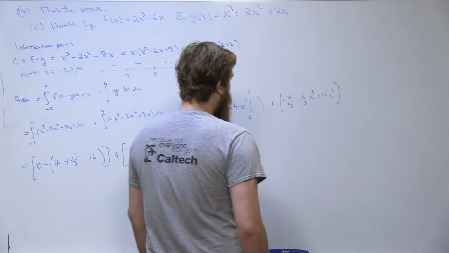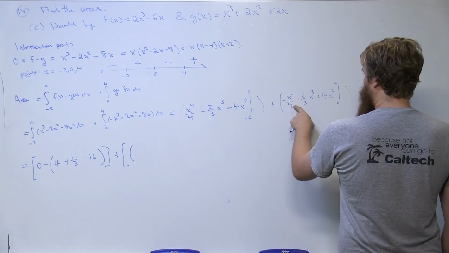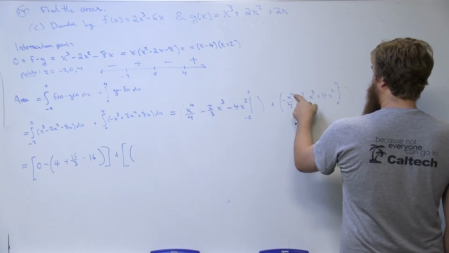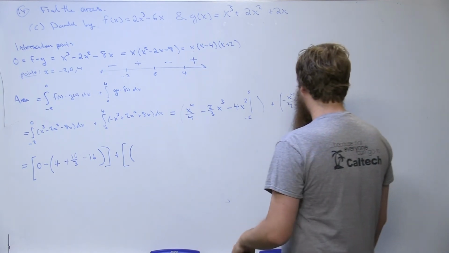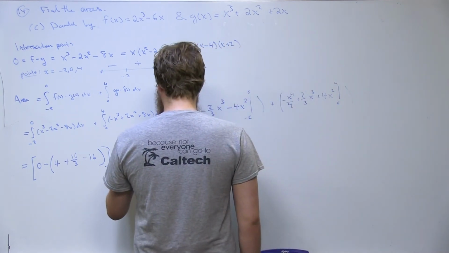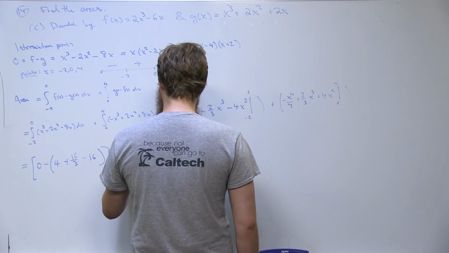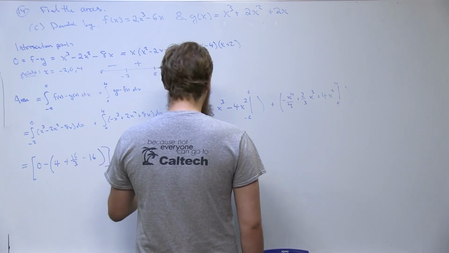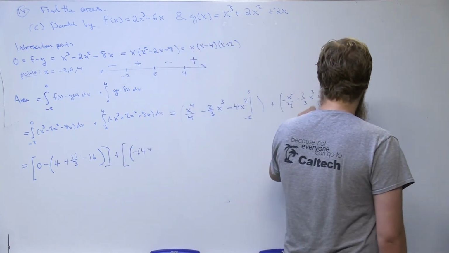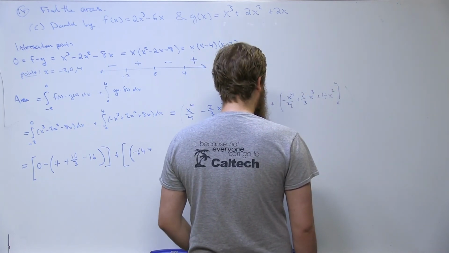So if I plug 4 in here, then I'll have 4 raised to the 4th power divided by 4. That's 4 raised to the 3rd power. That's 4 times 4 times 4 is 16 times 4 is 64. So I've got my negative 64 plus 2/3 times 4 cubed. So 4 cubed again is 64.